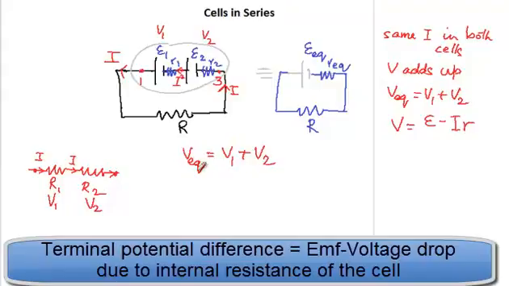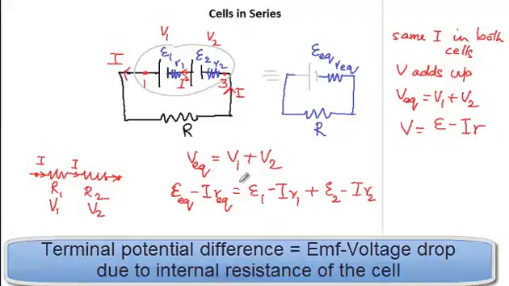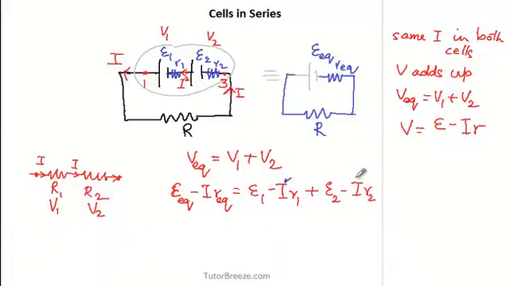Okay, now replacing V equivalent with E minus IR, we could write this as E equivalent minus I times R equivalent will be E1 minus I times R1 plus E2 minus I times R2. If you noticed, I used the same value of I since the current through both the cells is the same. Now you can equate the EMFs on the left hand side and the right hand side.